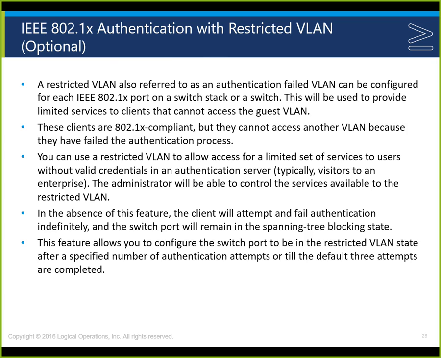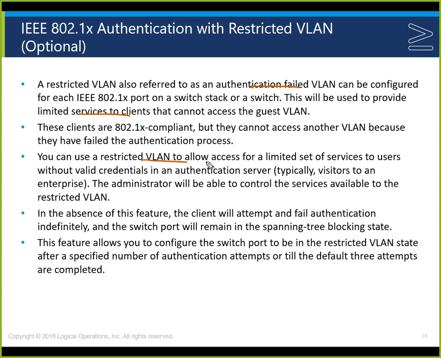Restricted VLAN is kind of like the guest VLAN, but this one is for when authentication failed. On the switch stack, clients are provided limited services. Maybe we won't let them on the network, but they can use the internet, for instance. Limited services. They don't access another VLAN because they failed the authentication process.